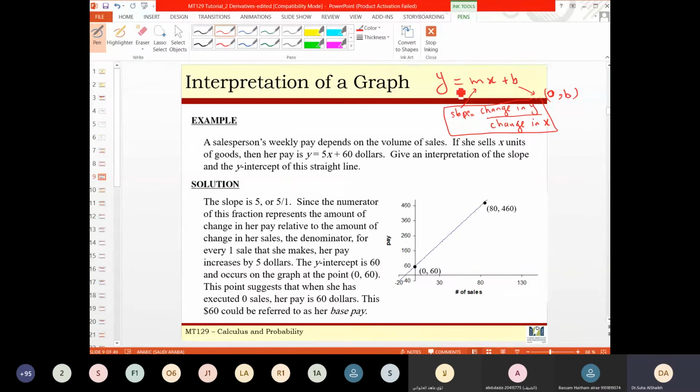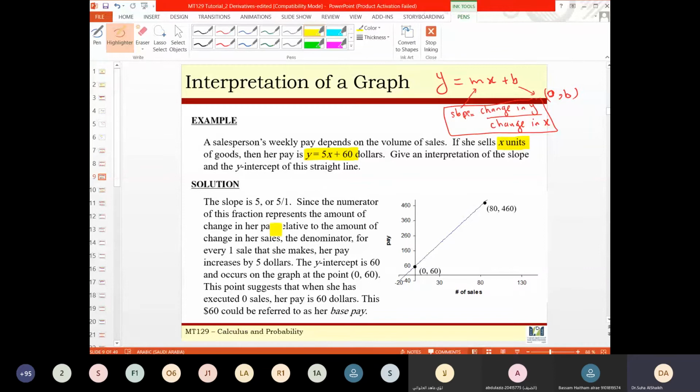So in this example, we have a salesperson whose weekly pay depends on the volume of sales. If she sells x units of goods, then the payment she's getting is y = 5x + 60. Have a look at the pay she's getting.